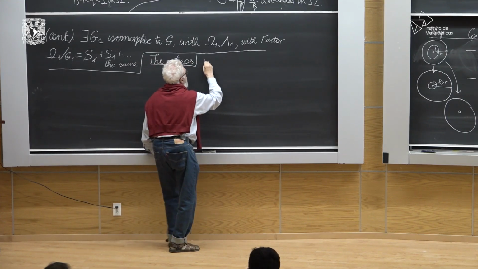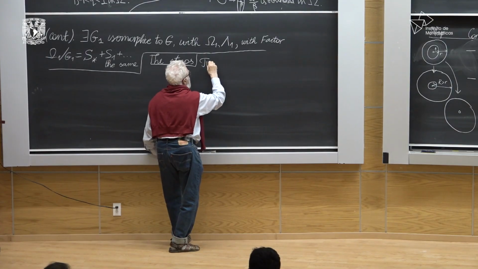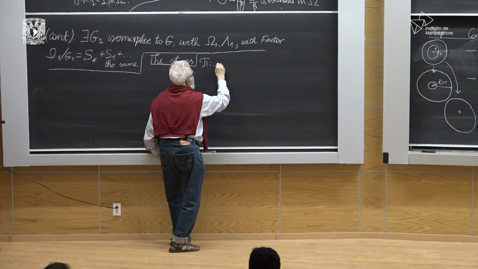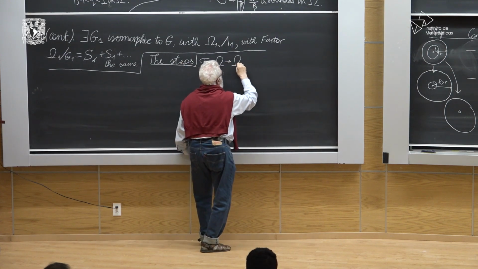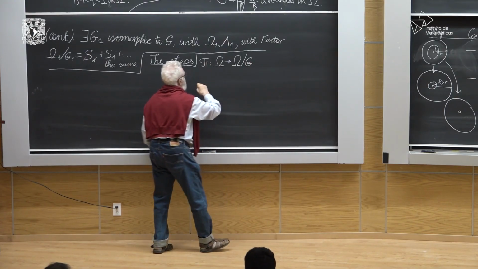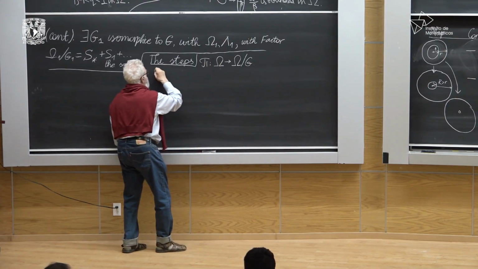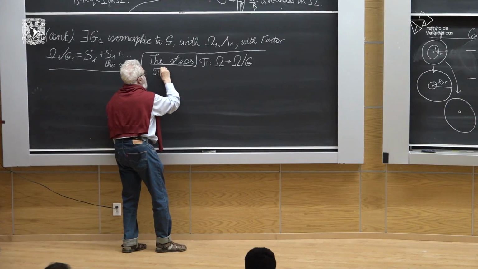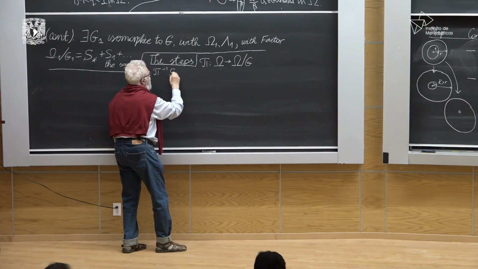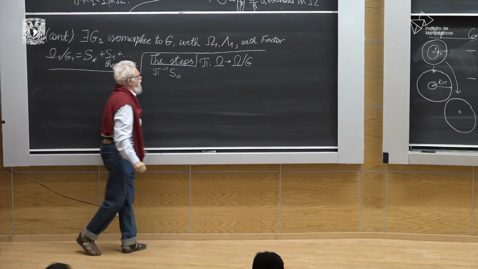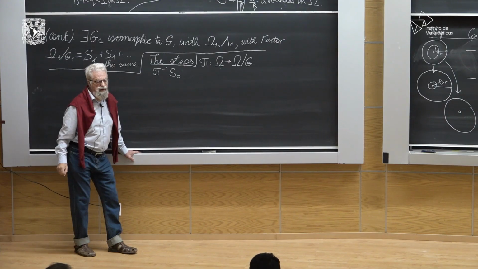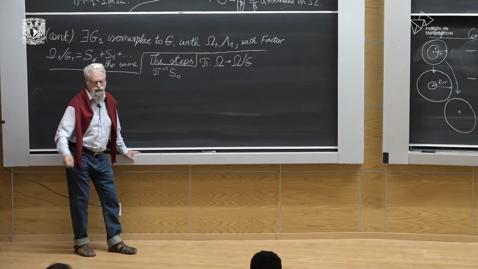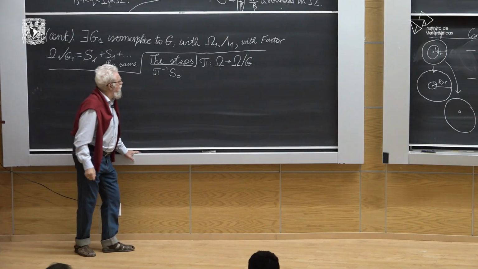We have a projection pi of the domain omega to the factor. So I am interested in the inverse image of S0 for this projection. Those components that under factorization come to S0.